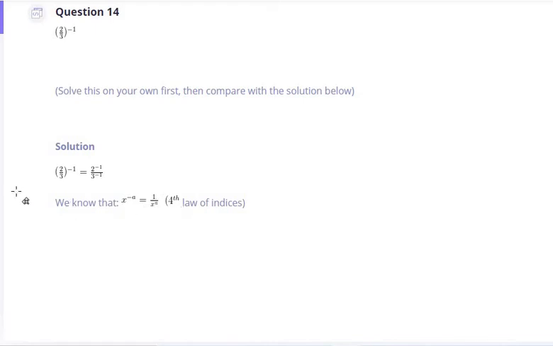So that's what the fourth law of indices says. You can check some of our previous solutions to see where we proved that.